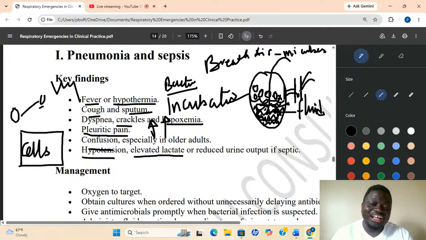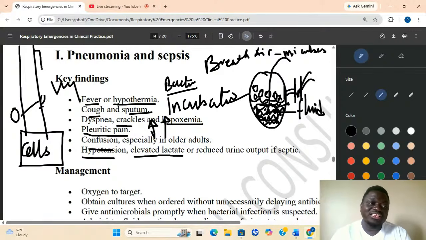The bacteria that got into the bloodstream will now cause the capillaries, the cell membranes of the blood vessels, to open up, and the plasma will leave. So if the cells were supposed to get 1,000 mils, they are getting only 200 mils.